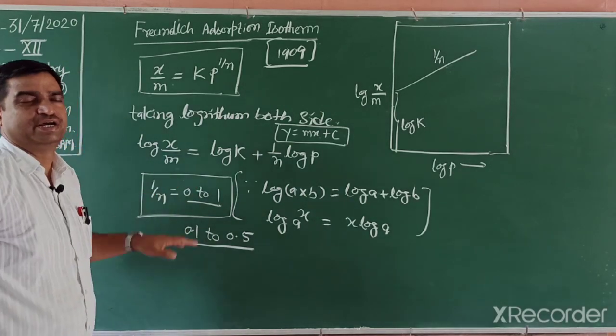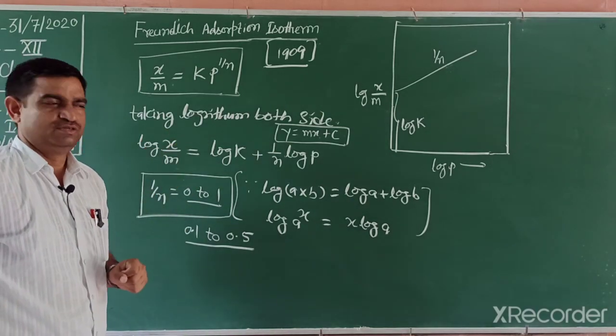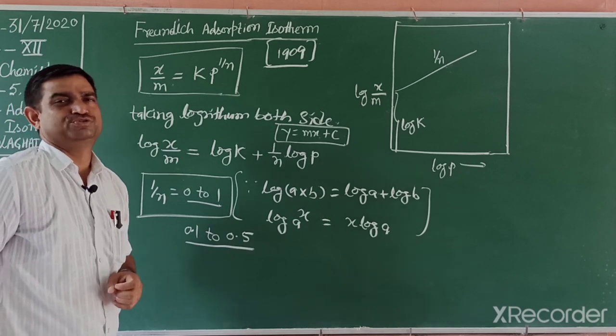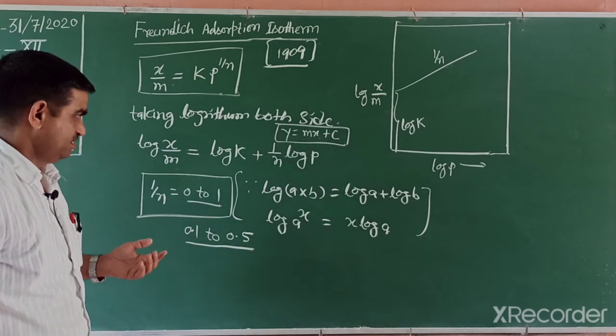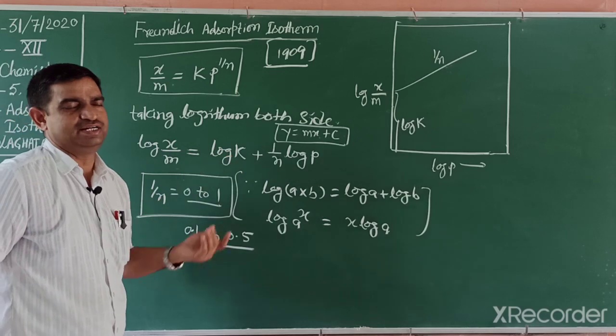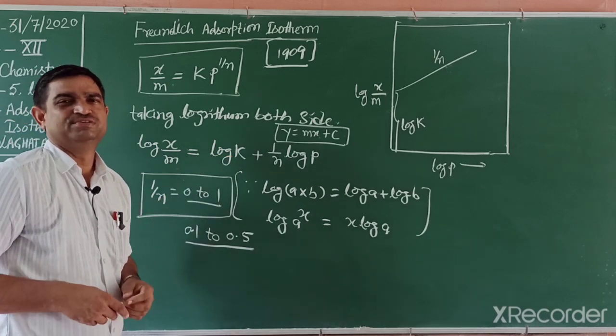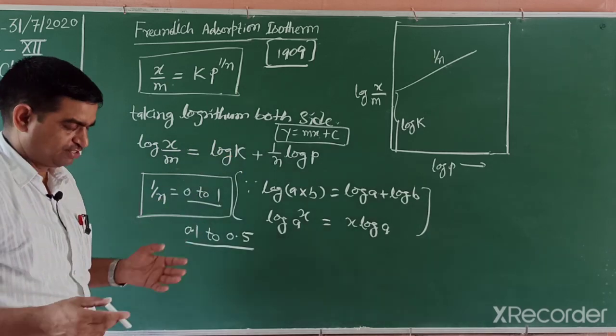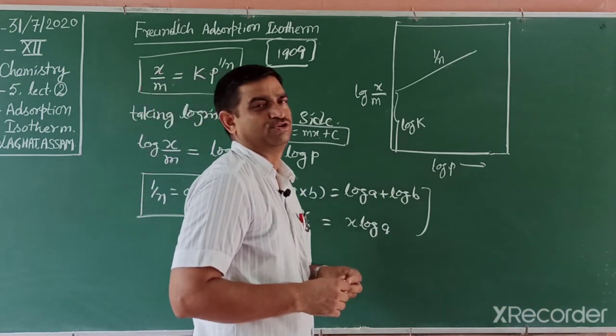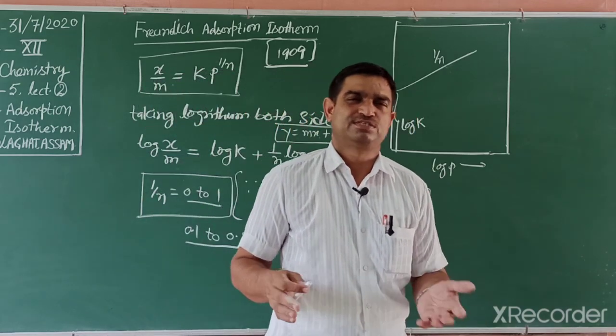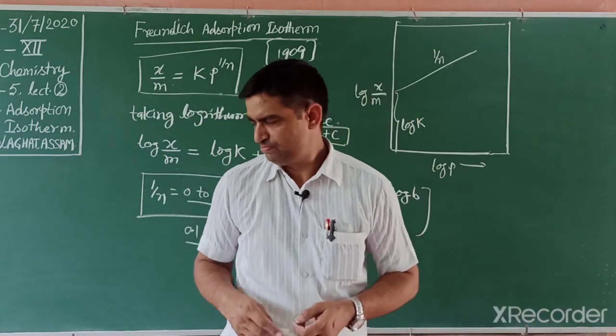Students, this adsorption isotherm we can explain in solution also. And in solutions we only write C in place of P. Before explaining the adsorption in solution, we will explain an activity.